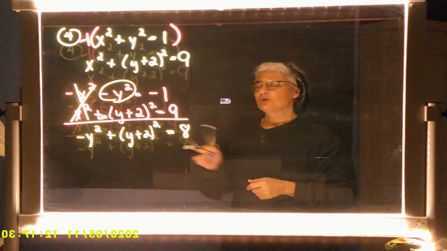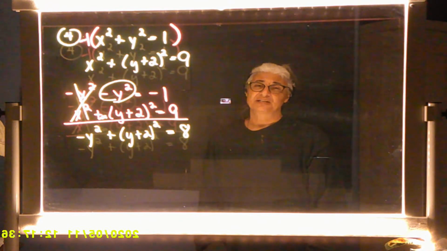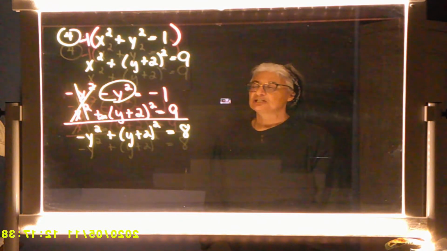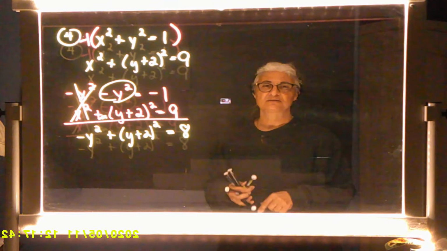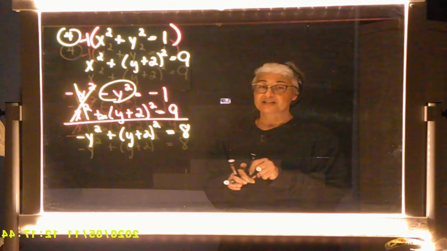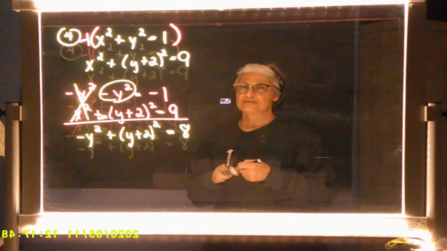Well, at least this equation has nothing but y's in it, but it's not a very pretty looking equation, is it? So I'm going to have to clean it up a little bit. You know what you have to do with this (y plus 2) squared? You're going to have to write it out twice and square it. So let's do that first.